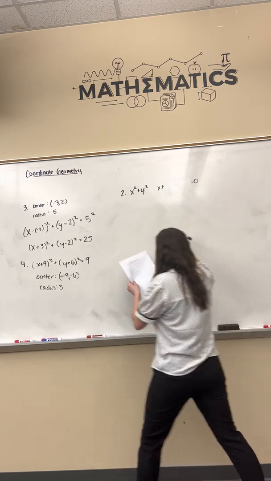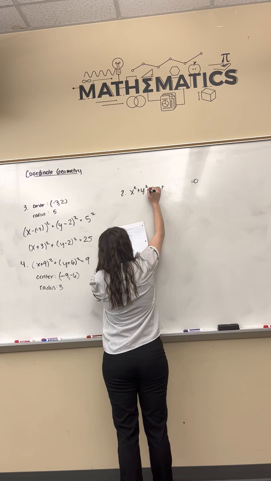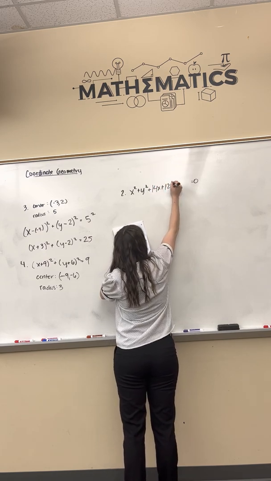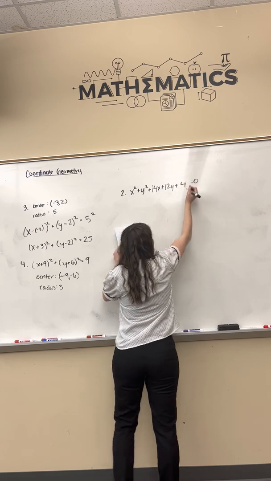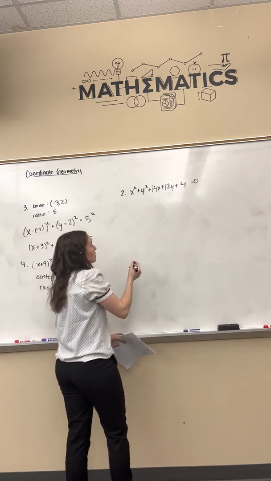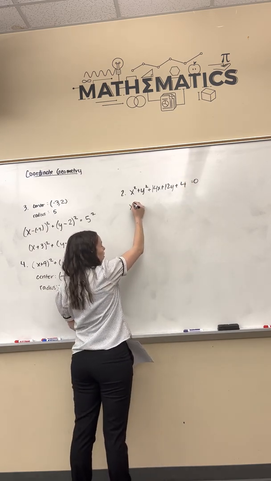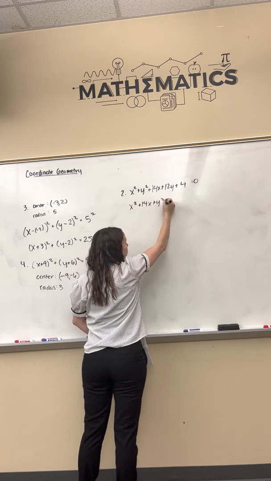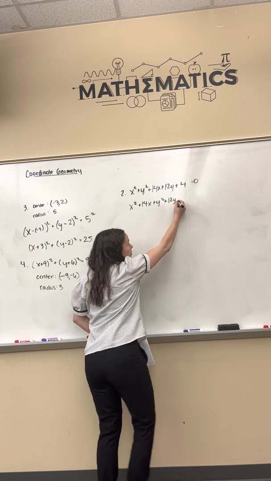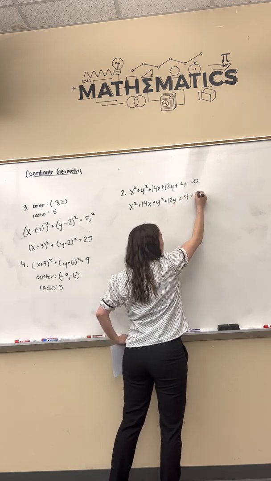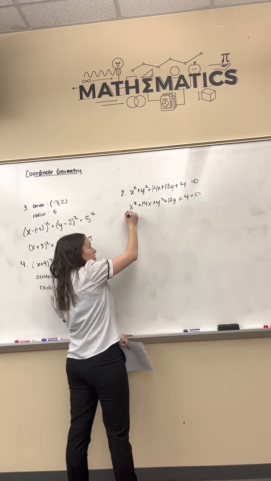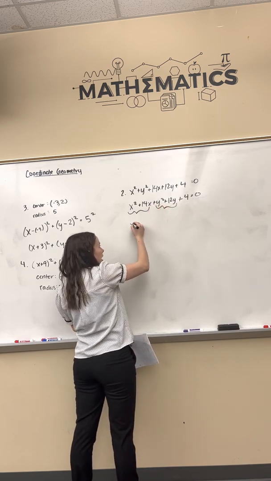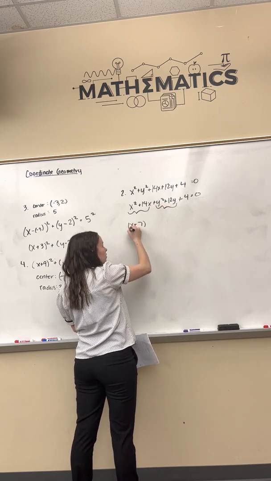Okay. So this time we have a plus 14x plus 12y plus 4. Okay, again, we want to reorder it. x squared plus 14x plus y squared plus 12y plus 4 equals 0. Thinking about pulling these together, I would get x plus 7 squared.